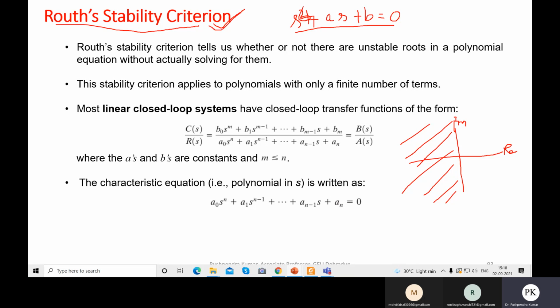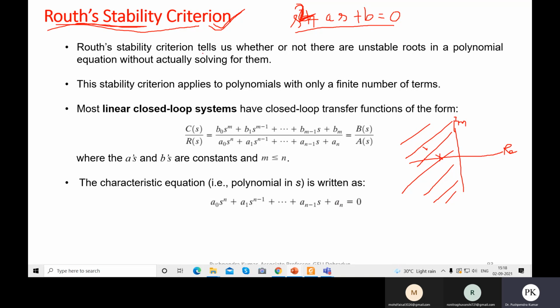For a small system, like a quadratic or first order equation, you can simply calculate the roots and check their location in the S plane. But for higher order systems, there is an alternative method called Routh stability criteria.